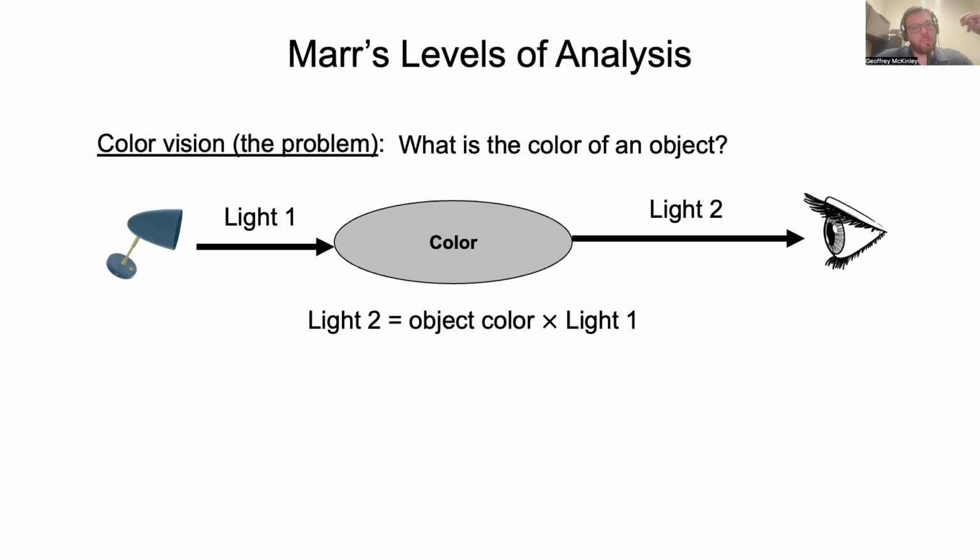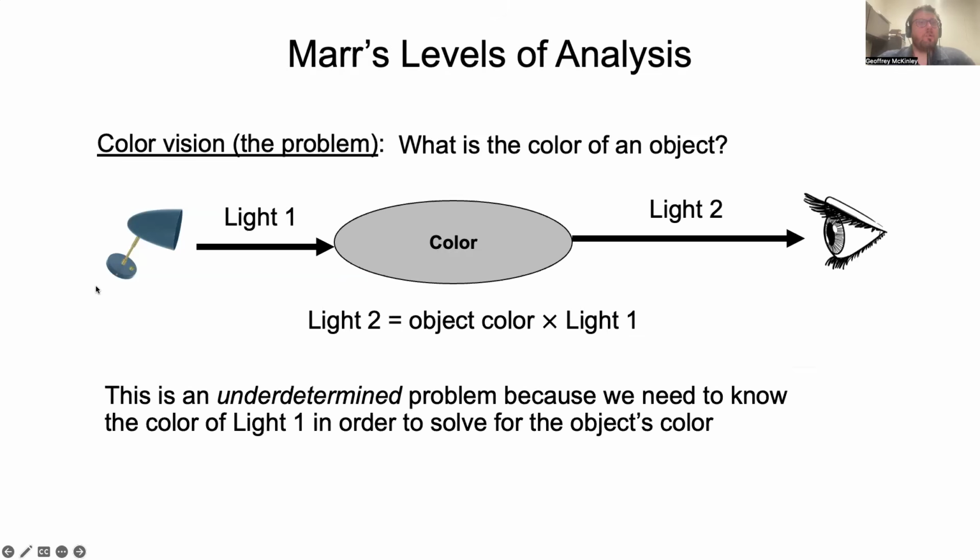And unfortunately, we only know the color that is coming from the object, light two. We don't know, in this example, the color of light one, of the illuminant.